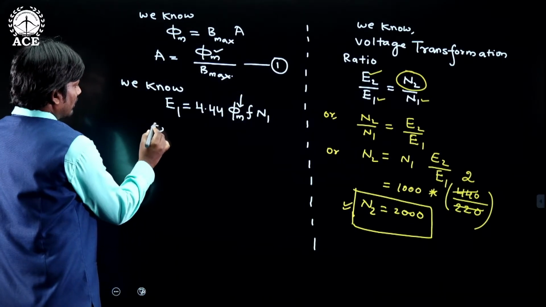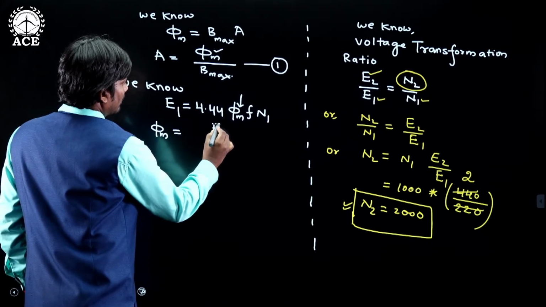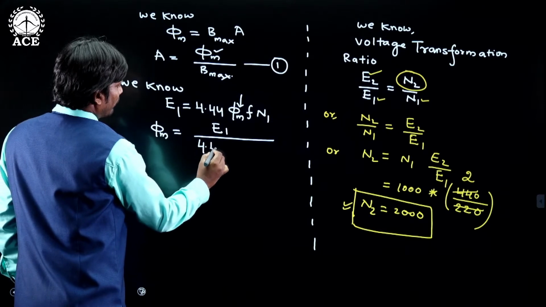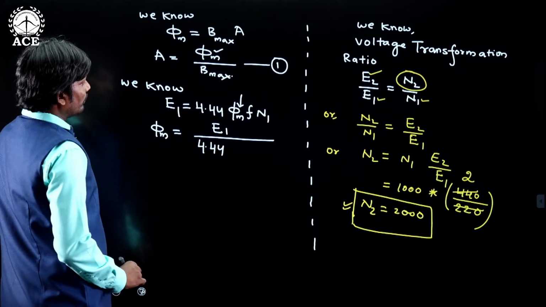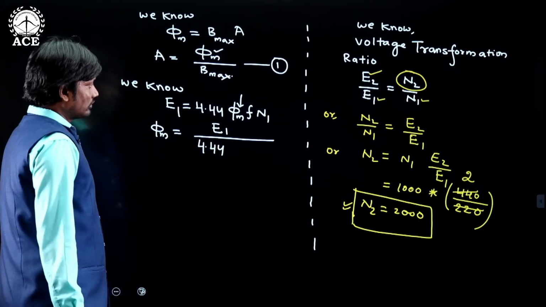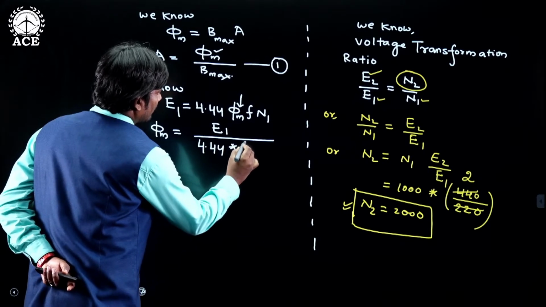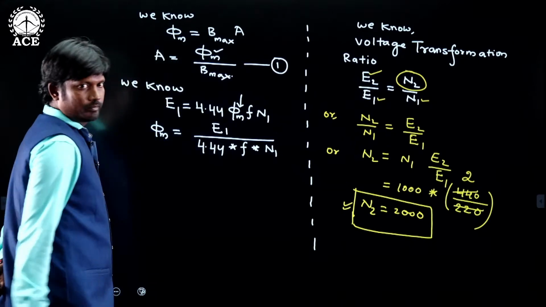Therefore, phi m is equal to E1 by 4.44 into f into N1.